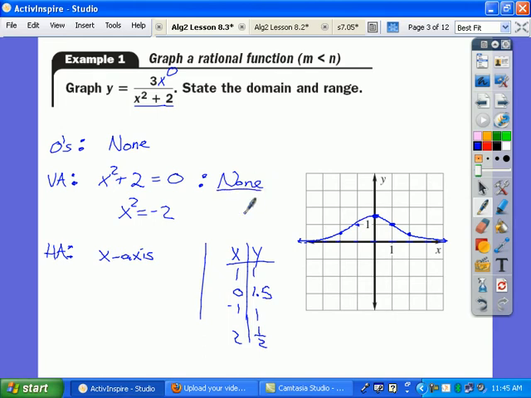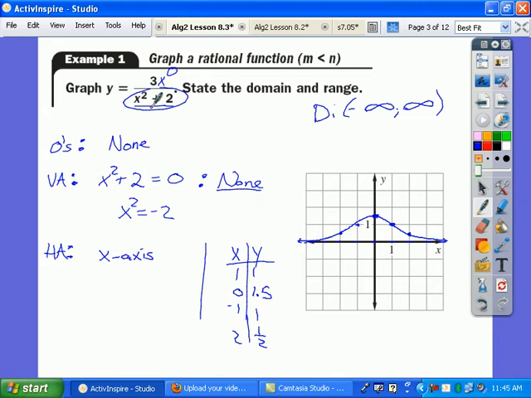The other way to think about this is, there's no number that's going to make the bottom 0. Give me any real number, I dare you, and plug it into the bottom. You will never make that 0. Therefore, the domain is all real numbers.